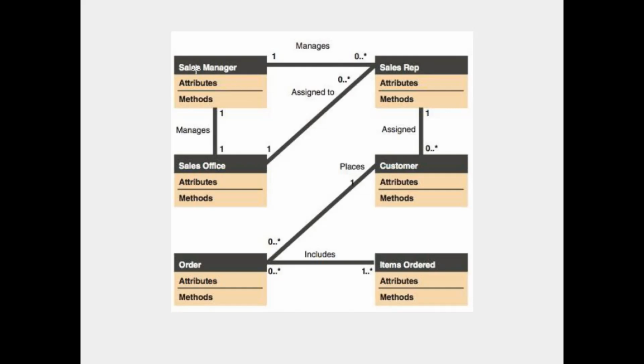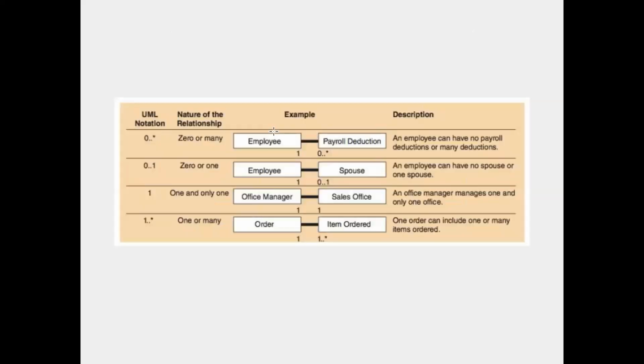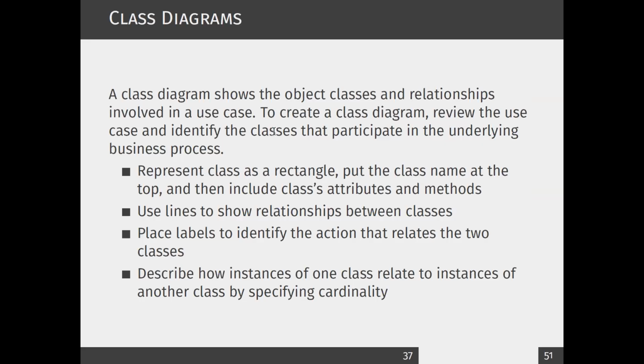For example, one sales manager can manage 0 or more. 0 means the minimum number, so there could be some managers without managing any sales representatives. Similarly, if you take a sales representative, there will be only one manager managing him. That's how we talk about cardinalities. I'll come to that point later on.